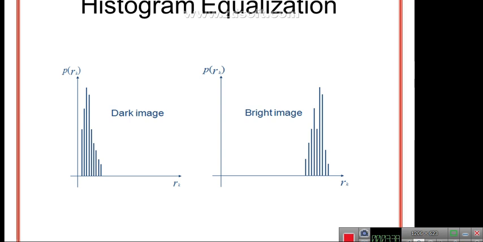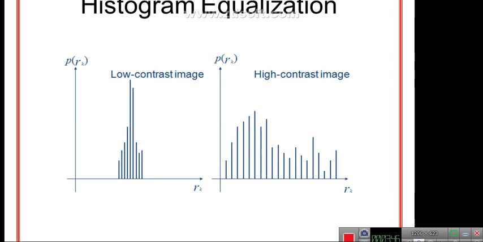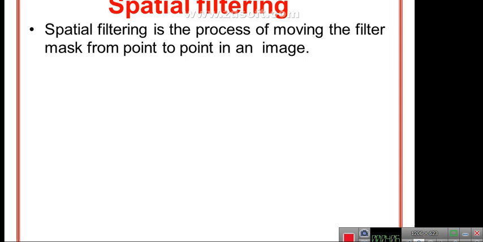So for that we equalize the histogram, which is used to make an image bright. This is a low contrast image, where the pixel intensity values are in a very narrow range. In a high contrast image, the pixels are distributed equally from 0 to 255. The second image shows the high contrast image.